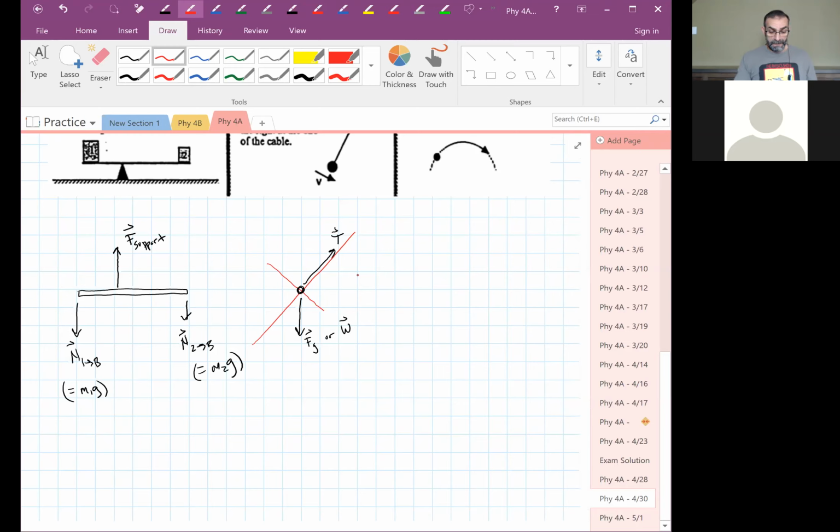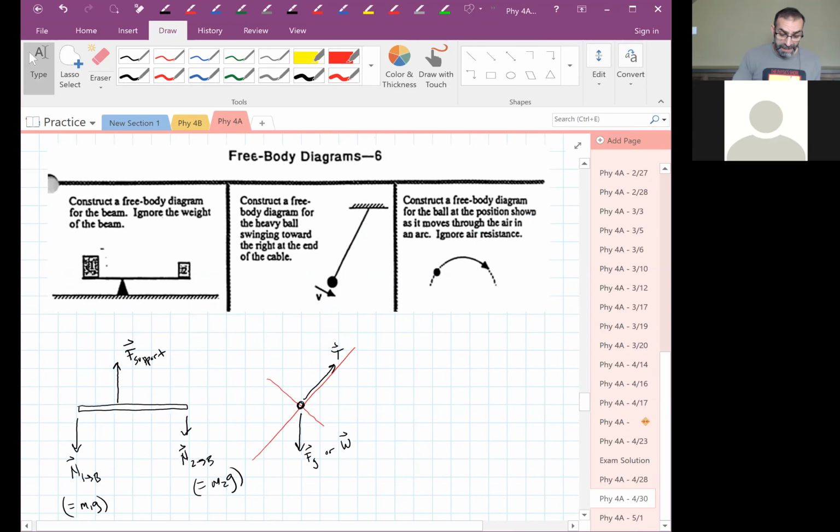And how do I know? Because the acceleration is sort of in that coordinate system. That's how I think about the acceleration. So the tension is already in that coordinate system, and the force of gravity I would break up into its components that are tangent to the path and perpendicular to the path, or radial and tangential, I should say.